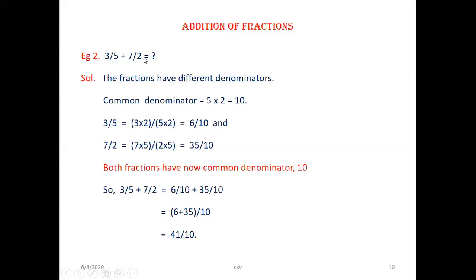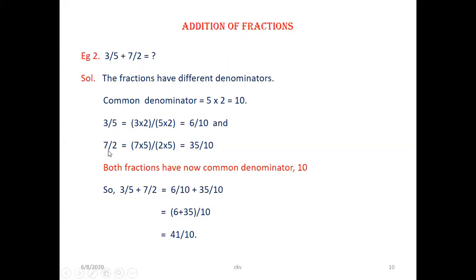Now you have to write 7 by 2's equivalent fraction. You multiply both numerator and denominator with 5. Why? Because 2 into 5 becomes 10 and you'll get 10 in the denominator. Since you're multiplying the denominator with 5, you must also multiply the numerator with 5. So 7 into 5 by 2 into 5 gives you 35 by 10.